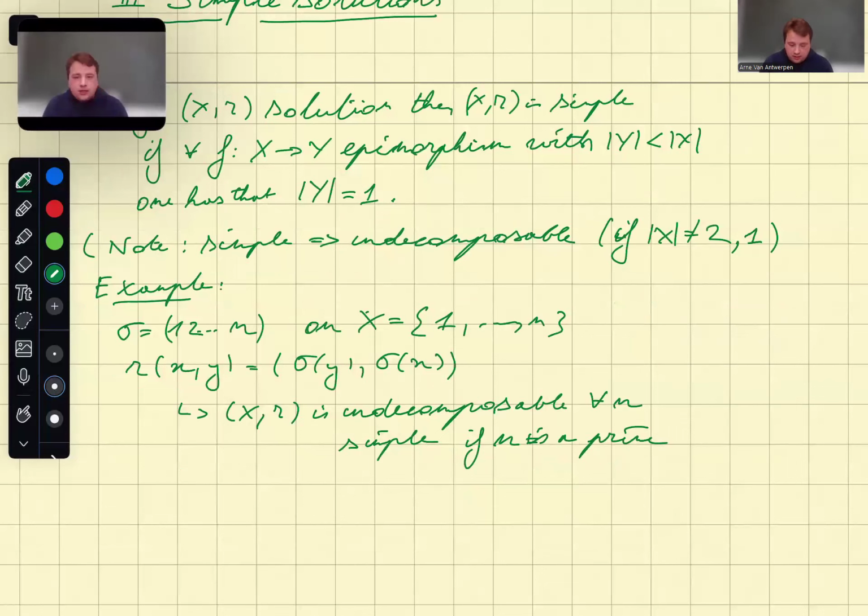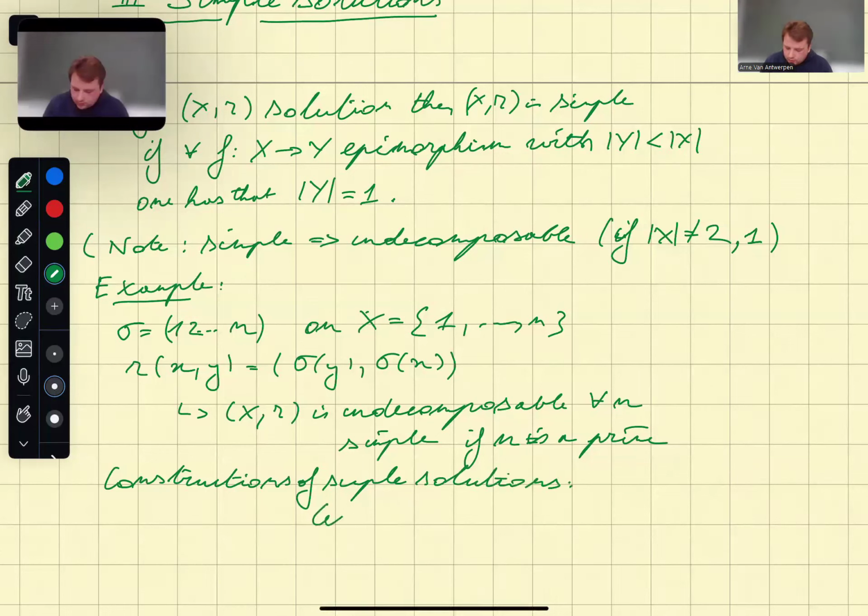Are there other constructions or easy constructions of simple solutions? Unfortunately, the answer on easy or relatively natural is no. There are a few beautiful examples, often infinite families, by Śmoktunowicz and Okniński.